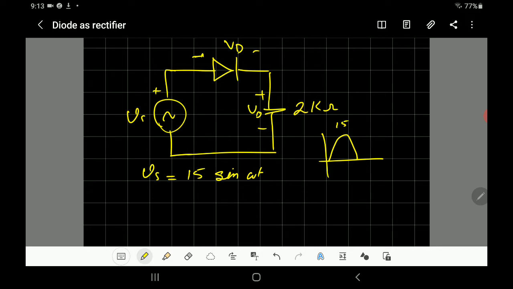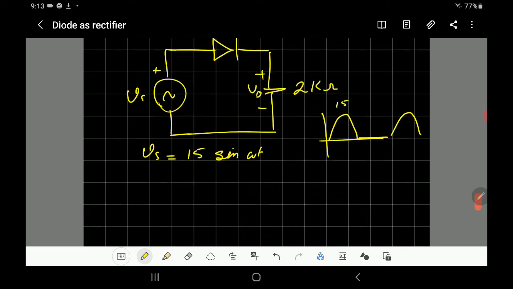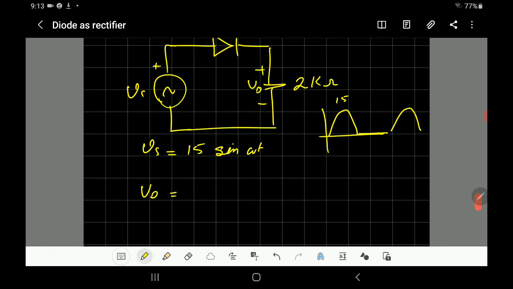And when the negative cycle comes, it will be reverse biased, so the output will be 0, and then it will continue like that. So the V output we can describe as equal to 15 sine omega t from 0 to pi, and equal to 0 from pi to 2 pi.